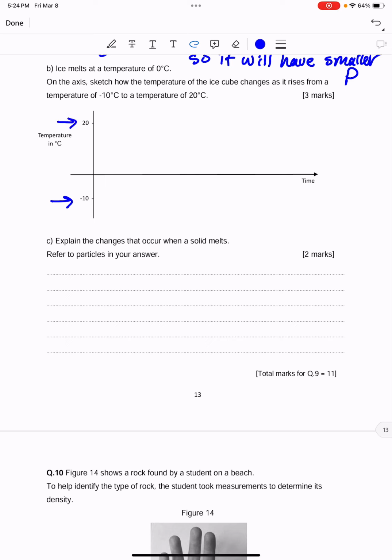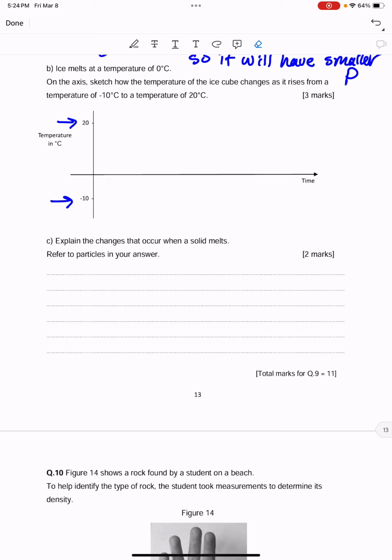Now remember that graph when we were trying to follow up with what's going to happen from less than 0 to 100 degree and so on. Let's do that, but only from minus 10 to 20.